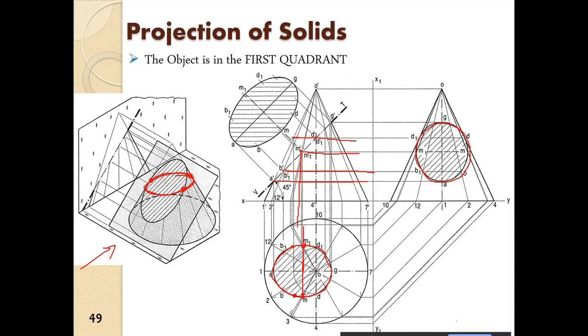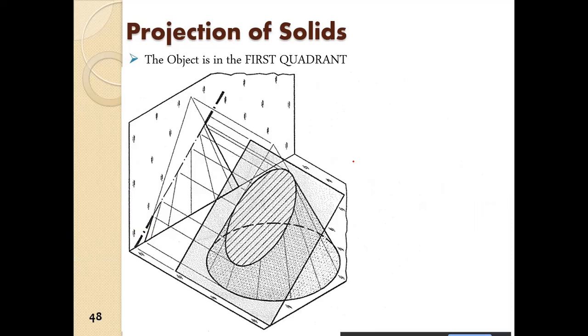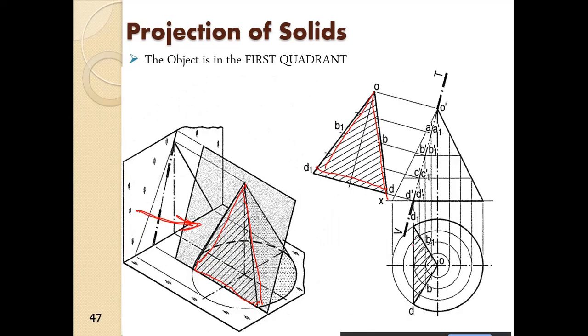Those 2 points we have to obtain. Similarly, if I draw a circle here at this level, I will get 1 point and 2 points. Those 2 points I will get here. So those points we have to obtain. The concept is similar to this.